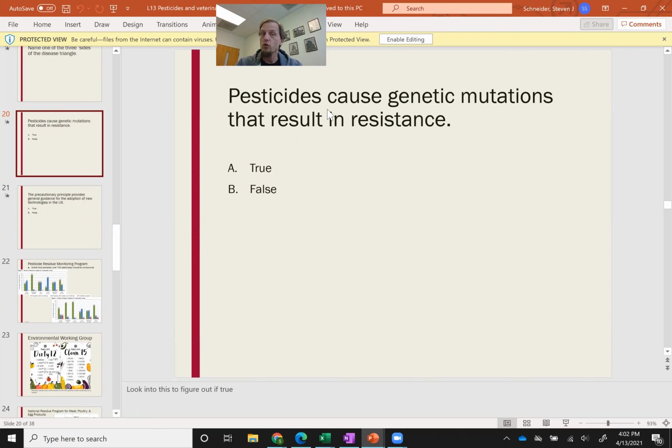And as you use the same pesticide, the pesticide that didn't kill them will not kill their offspring either, right? Because they had a resistance to it prior. The pesticide itself did not cause a mutation that resulted in resistance, okay? An organism already has that trait because of its genes, right?